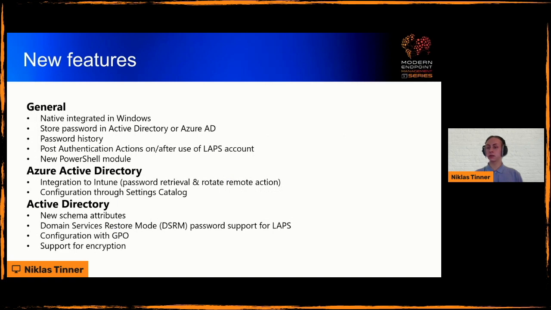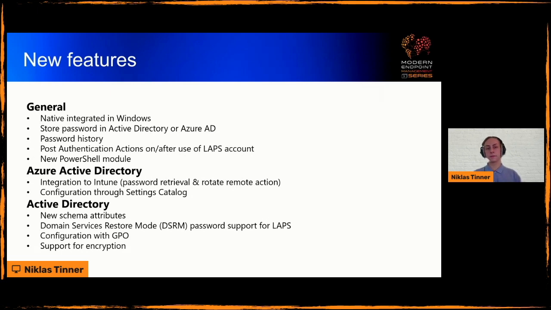We can now also store passwords in Azure AD, so the cloud scenario, and of course Active Directory is generally already known from Legacy LAPS, but Azure AD was really the highly anticipated feature we were looking for, so that we can now back up our credentials to Azure AD only, for instance if a device is not joined to local AD. We also have a password history feature now, which was also highly demanded, and post-authentication actions after the LAPS usage.